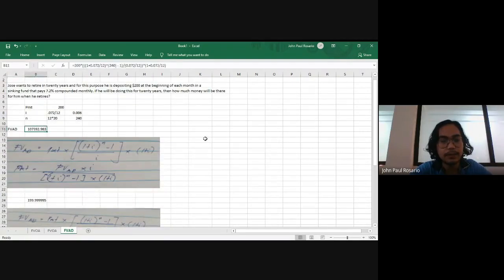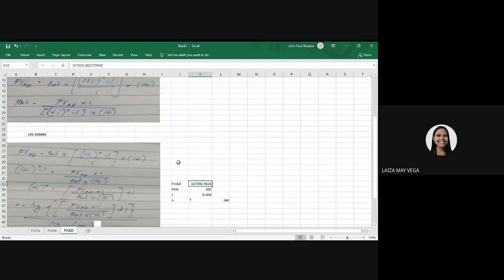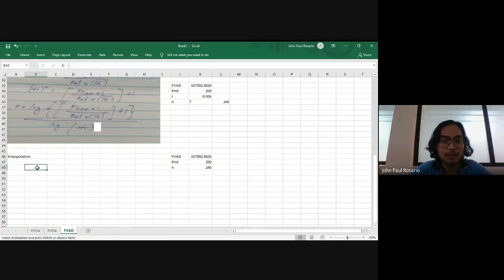So let's take our future value of annuity due, with payment 200, I unknown, and N equal to 240. The purpose of interpolation is to look for interest rates that fit.